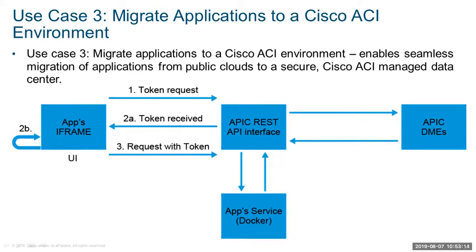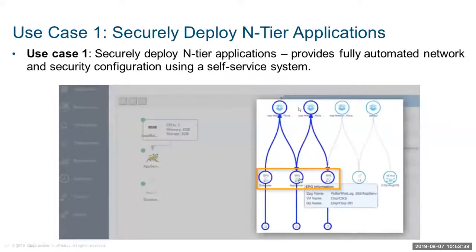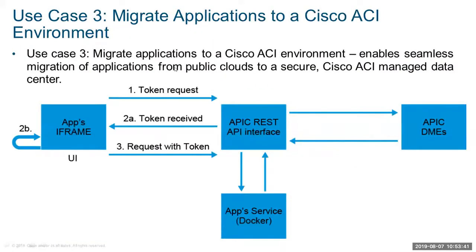There's a feature called Migrate, which allows you to migrate applications from, I can even do this, migrate an application which is in the public cloud of Dimension Data or Rackspace into the private cloud of WAP or UCS Director or vSphere. So migration is achieved very easily through this orchestration application called Cloud Center.